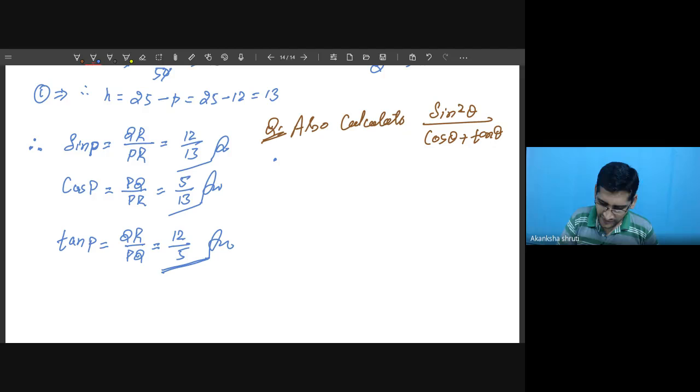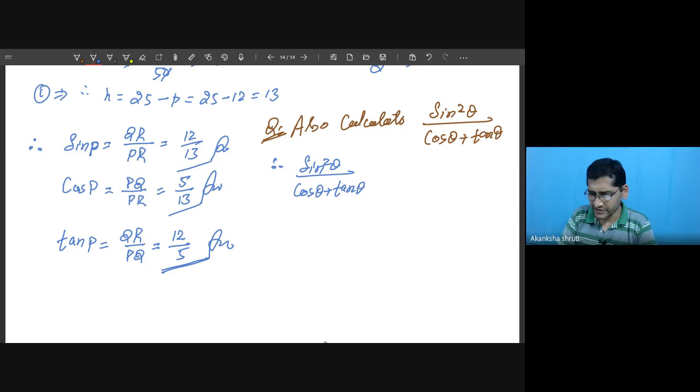So therefore से हमने तीन ही को लिए हैं. If something else is given, you can first calculate that trigonometric ratio, then you will have to substitute. Therefore substitute it here. Sin square theta by cos theta plus tan of theta.